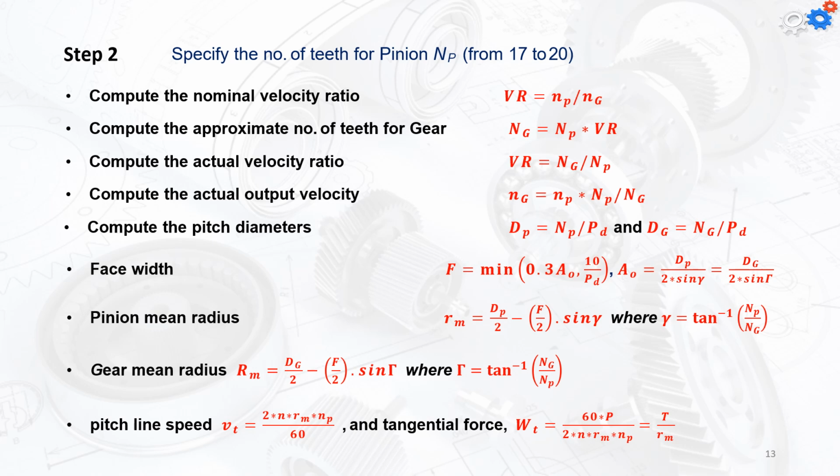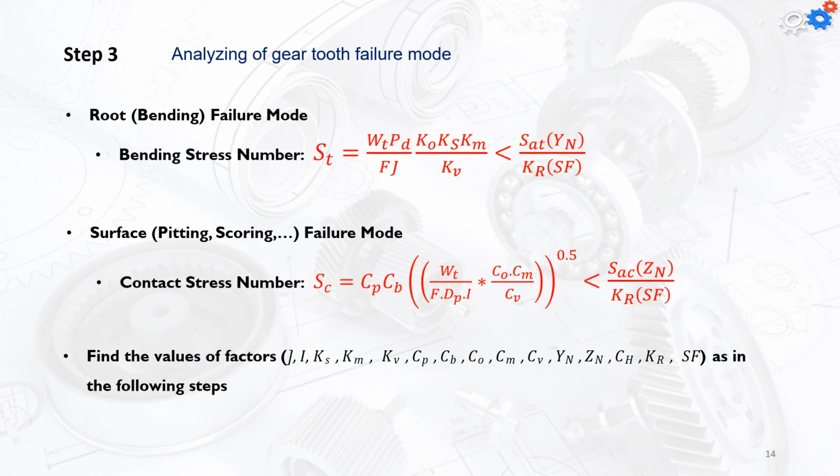We can compute the actual velocity ratio, the actual output velocity, the pitch diameter, the face width, the pinion mean radius, the gear mean radius, and finally the pitch line speed. With that, after finding the VT, we can calculate, using the power, torque and the radius, the tangential force that we can carry to step number 3.